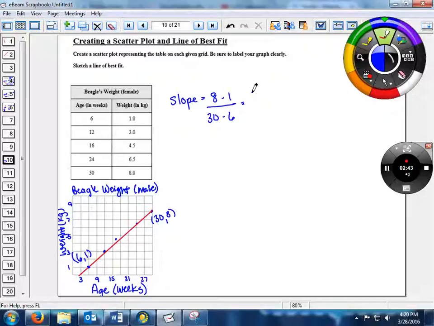That gives me 7 over 24, and that cannot simplify any further, so that is my slope, 7 over 24. Now I'm going to use that with a coordinate to plug in for my y-intercept. So my equation first would be y equals 7/24 x plus b.